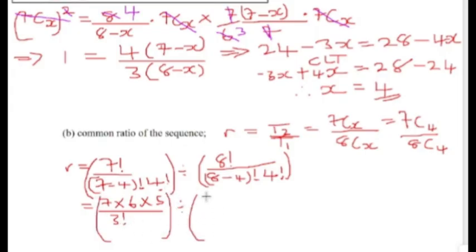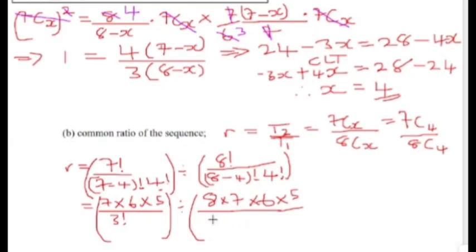So this gives us 8 times 7 times 6, everything divided by 8 minus 4, I think we get to 5 here, so everything divided by 4 factorial.